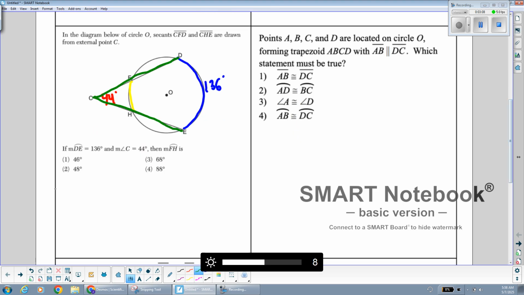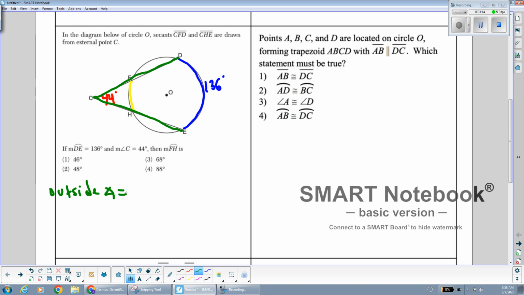And remember, any outside angle could be formed by two secants like we have here, by a tangent and a secant, and the outside angle equals half the difference of the intercepted arcs.